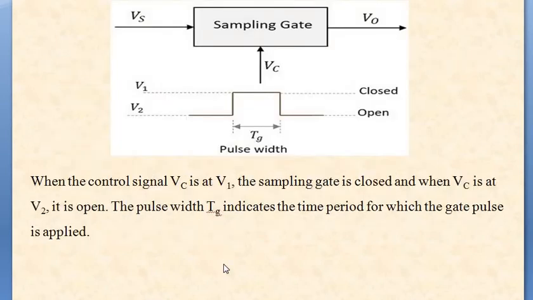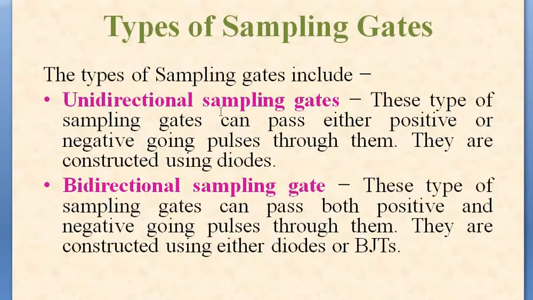Then we have seen there are two kinds of sampling gates. This is the block diagram: the control signal, the input and the output. Whenever the control signal is at V1, you will get an output exactly the same as the input, or else you will get 0 otherwise.